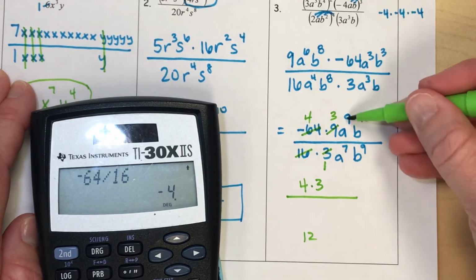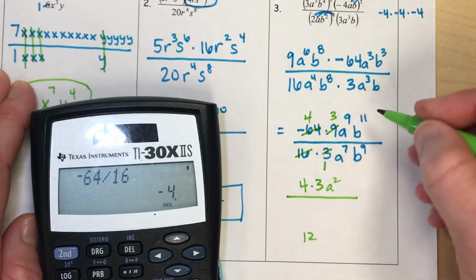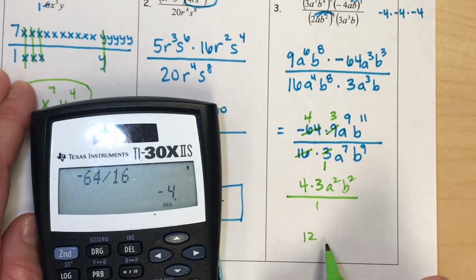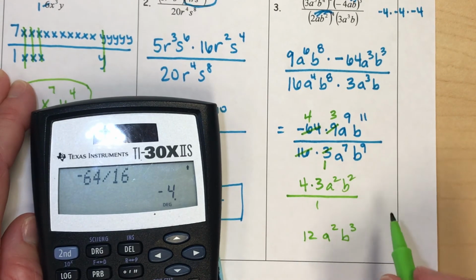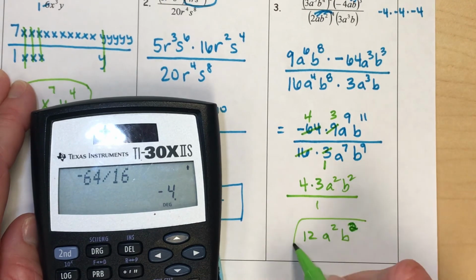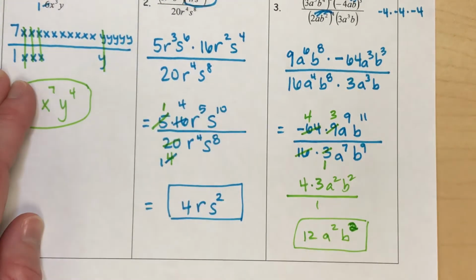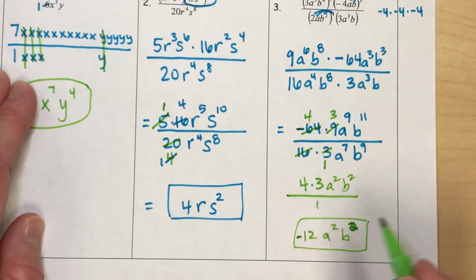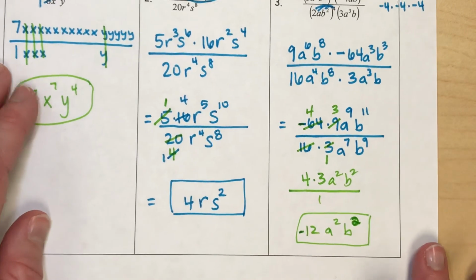Now my A's. I have 2 more A's in the top. I have 2 more B's in the top. Oh, no, 2. 11 minus 9 is 2. And that would be our answer. Oh, negative. I almost didn't catch that. Negative. Make sure you got your answers negative. Great job.